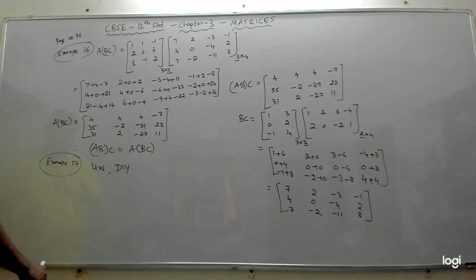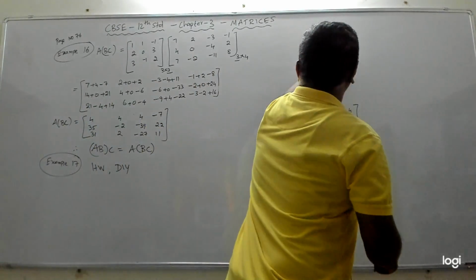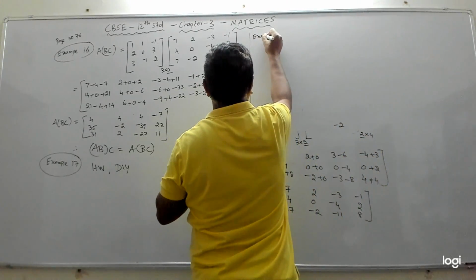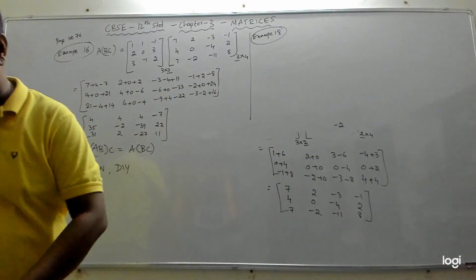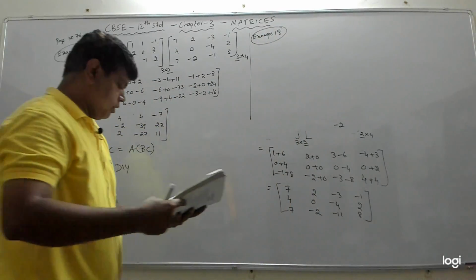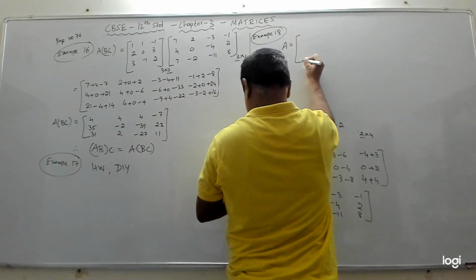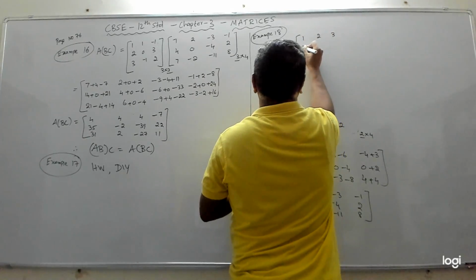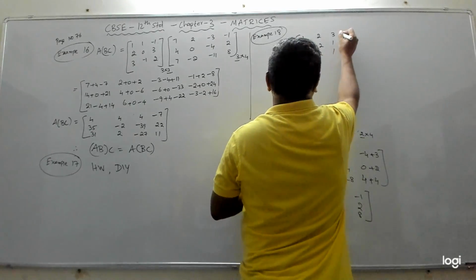Right? So, example 18 will start from here. Example 18 shows that a matrix A is given. Matrix A is 1, 2, 3, 3 minus 2, 1, 4, 2, 1.